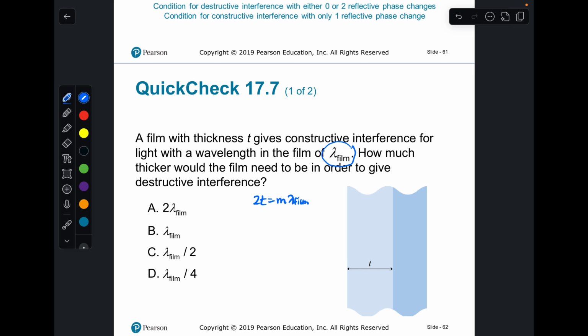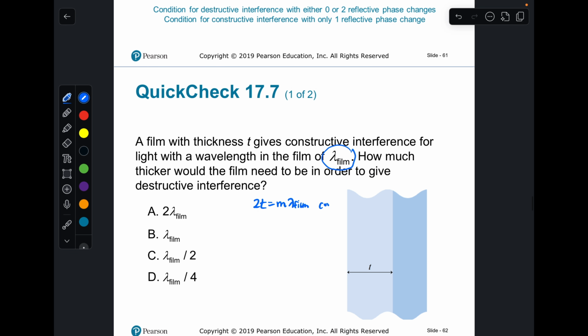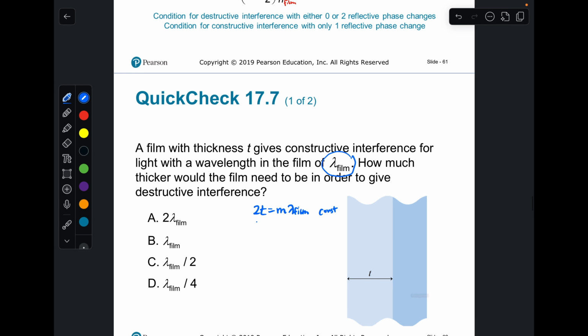And I'm not including the n because we're dealing with lambda film, so the n has already been incorporated. And so in order to turn that into destructive interference, what would the thickness of the film need to be in relation to lambda? So for destructive interference, let's say that we're at M equals 1. Just picking a random M.